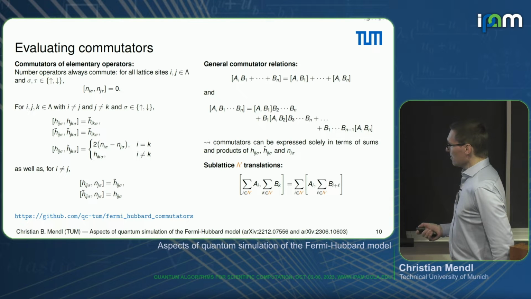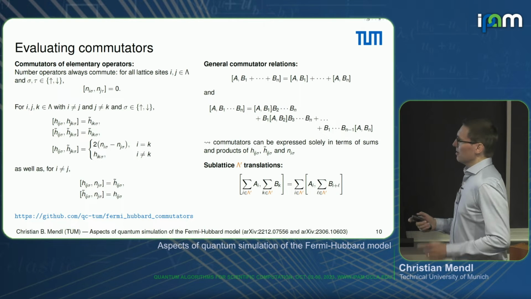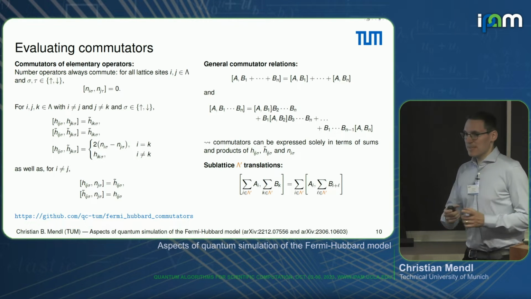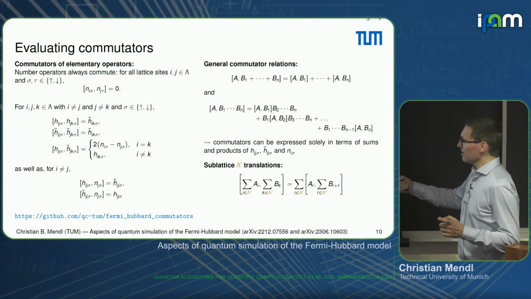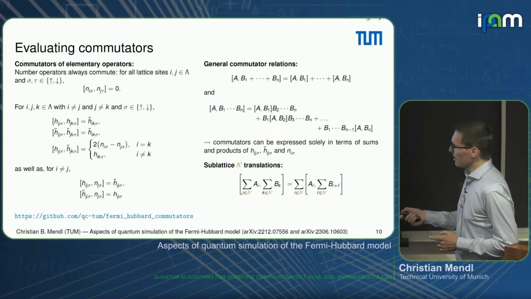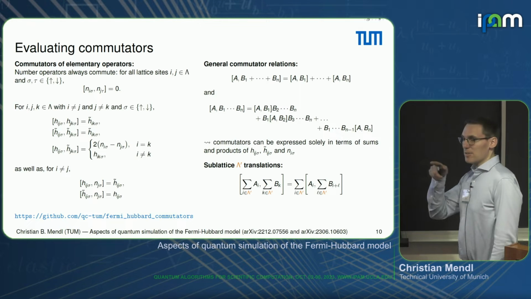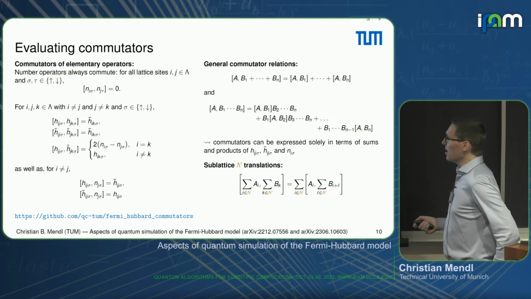Another trick I'm using is that the terms are just sums over lattice translations, or this sublattice lambda prime translation. This is the outer sum which I mentioned before.